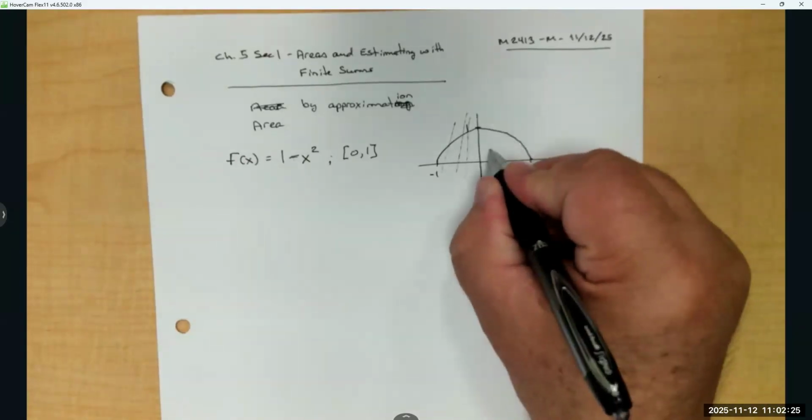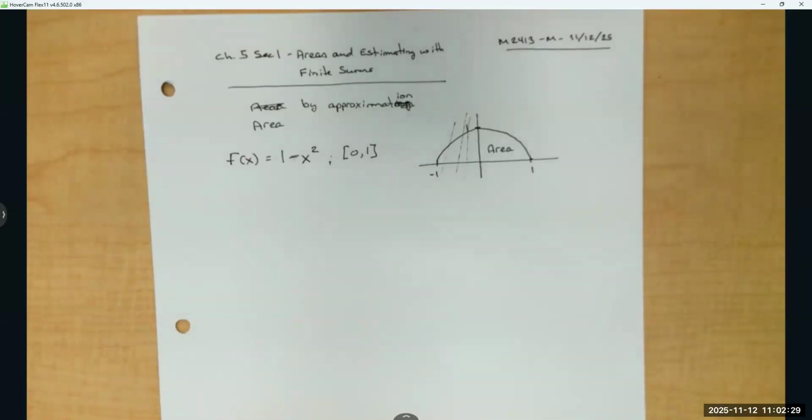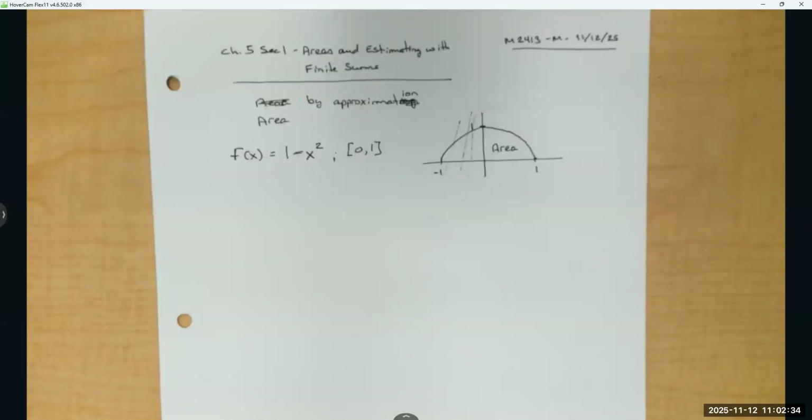So our question is, what is the area under this curve? How do we figure that out? Well, there are about 5 or 6 different ways off the top of my head we can figure this out.